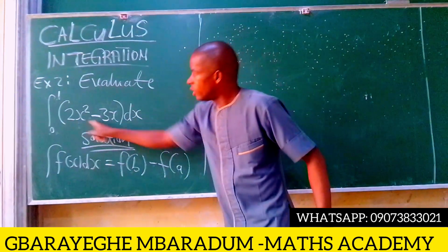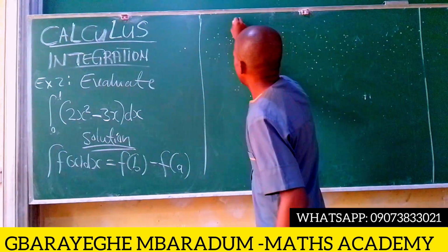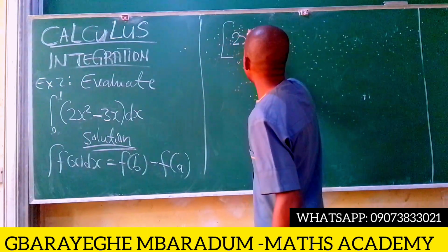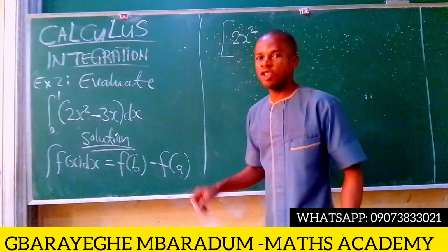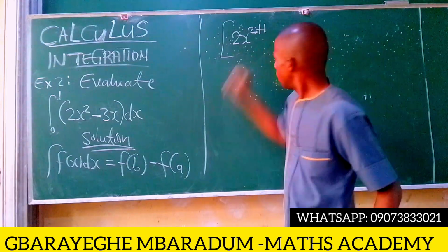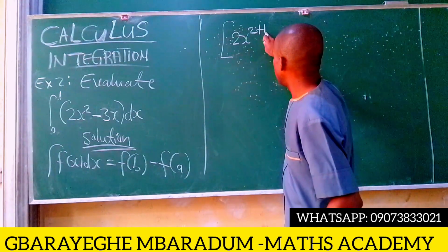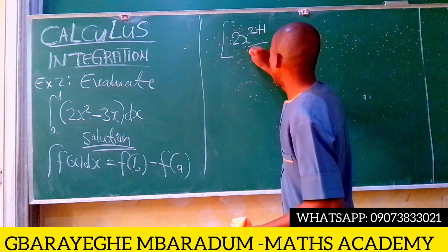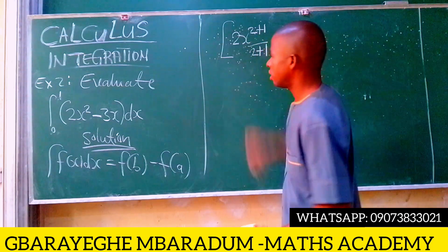Now, let's evaluate this first. We have 2x to the power of 2, right? And in integration, we add 1 to the power, which is plus 1. Now, 2 is the power, 2 plus 1. We're also going to bring it down. We have 2 plus 1.